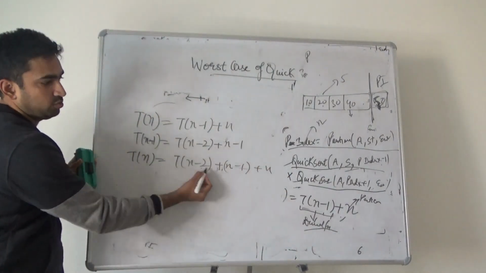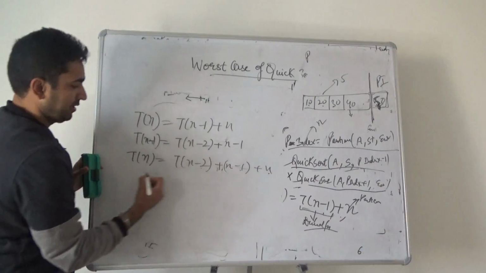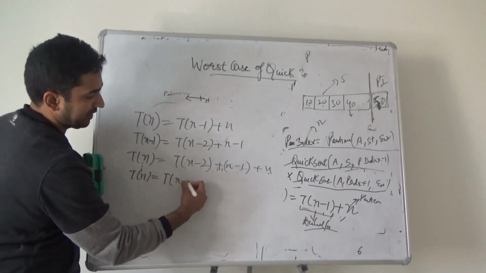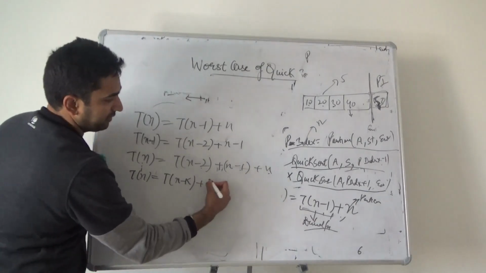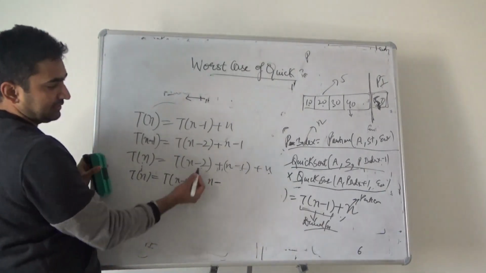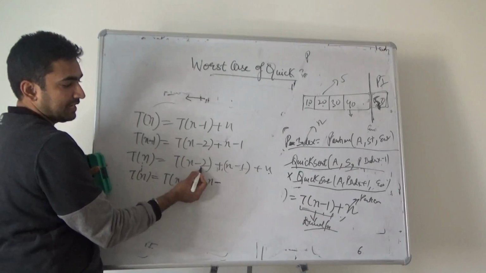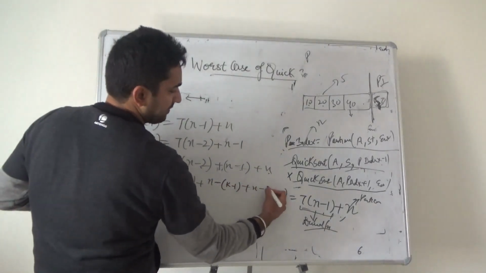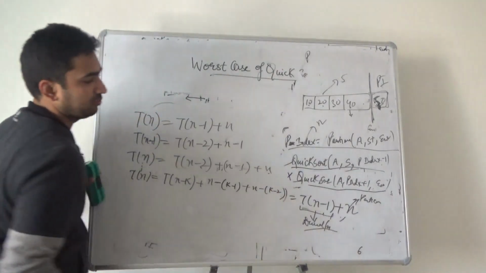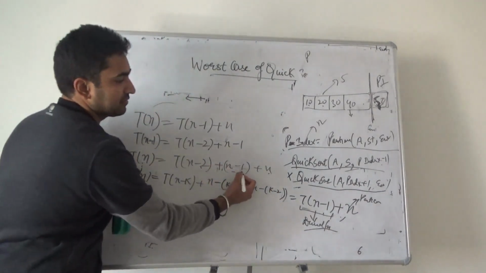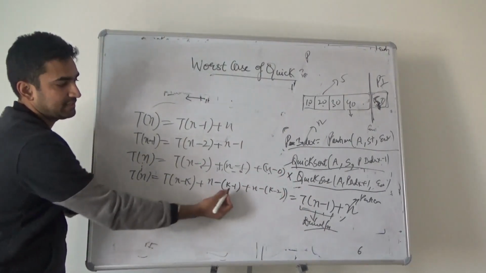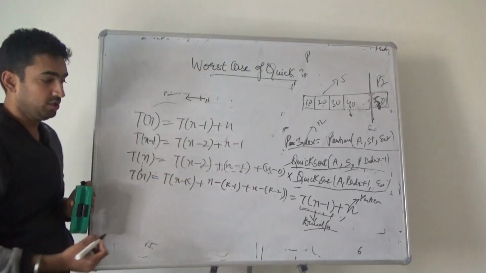If you see, this is 2, this is 1, this is 0. If this is running till k times, it would be T of n minus k, with terms n minus k minus 1, n minus k minus 2, and so on.